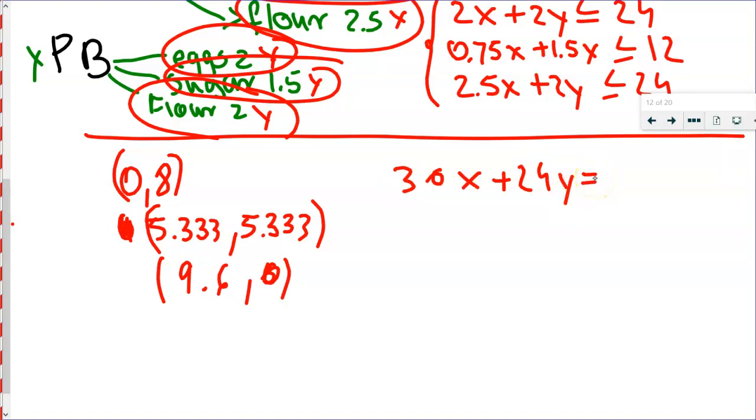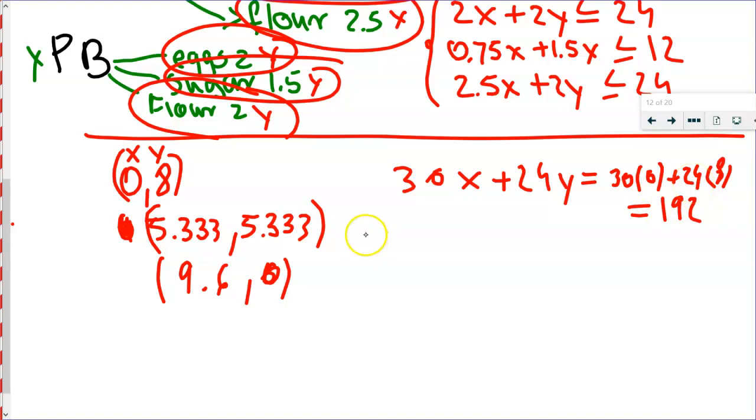So what we're going to do is we're going to plug in an x and a y. So that's 30 times 0 plus 24 times 8. Okay. So we are going to get a profit of, let's calculate it very quick, $192. Okay.